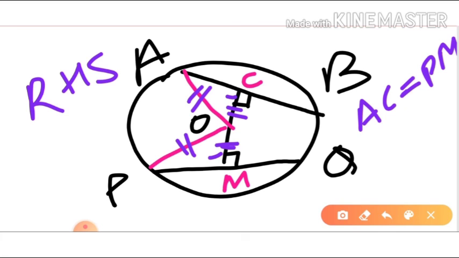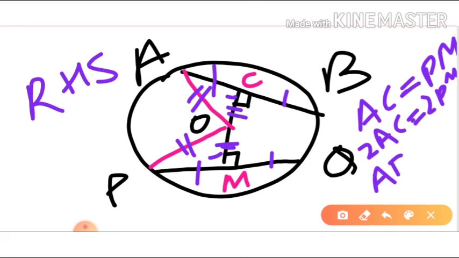So that means this AC will be equal to this BC, and this PM will be equal to MQ. So double of AC is equal to double of PM. Okay, double of AC is AB and double of PM is PQ. This is the way you can show that the chords are equal.